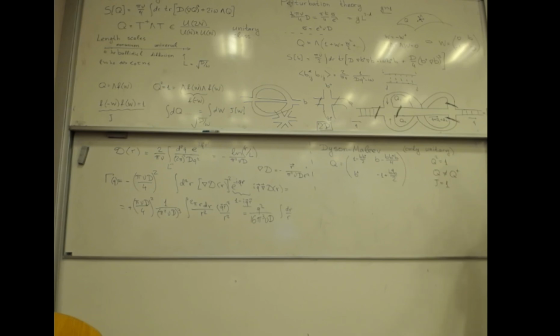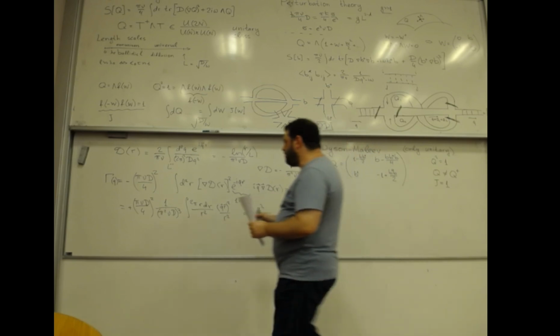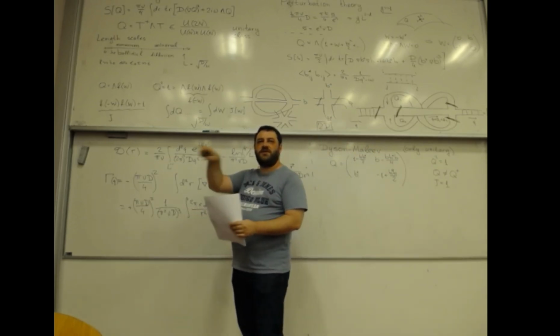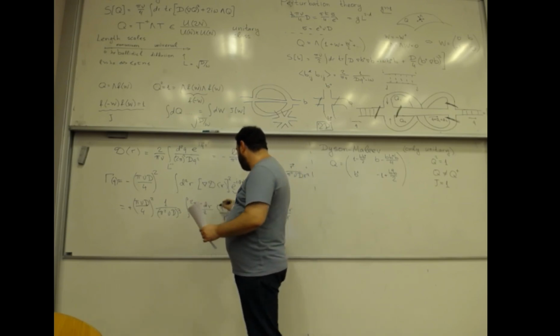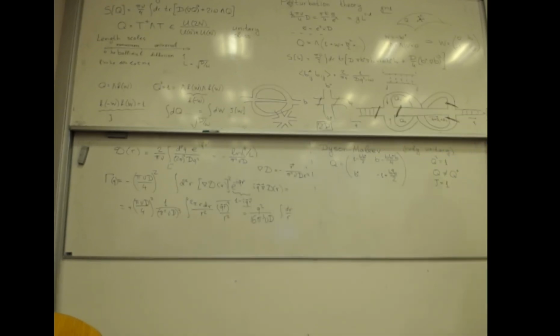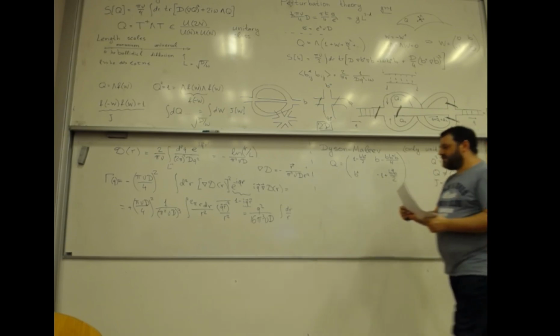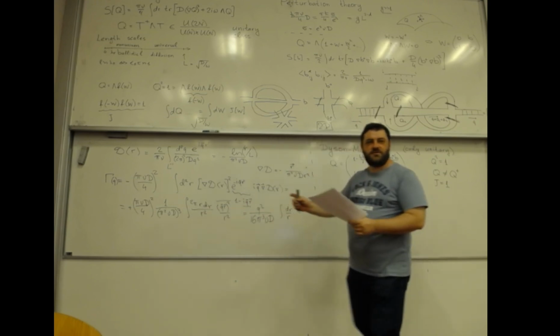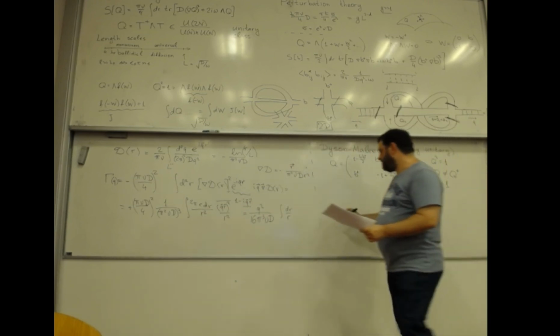What's the need to write 2 pi r dr if you need to average over angles? Or you can write the integral over phi instead of 2 pi over n. Or you can write 2 pi and then say this one is averaged. Okay. So this I just copied from my notes, but it should be the same coefficient.